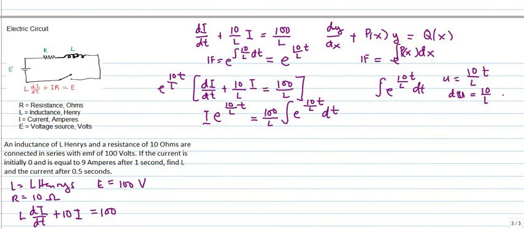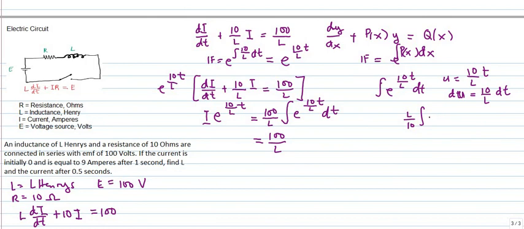10 over L dt. Notice this is only dt, so using u substitution, I will write here 100 over L. So using u substitution, we will write first the reciprocal of 10 over L, that is L over 10.